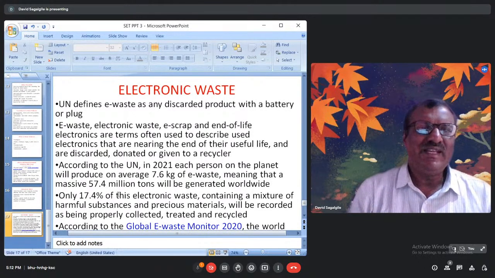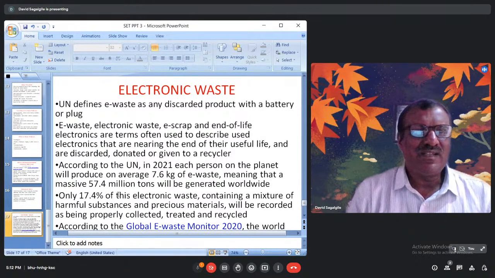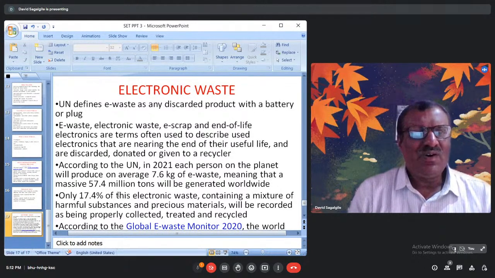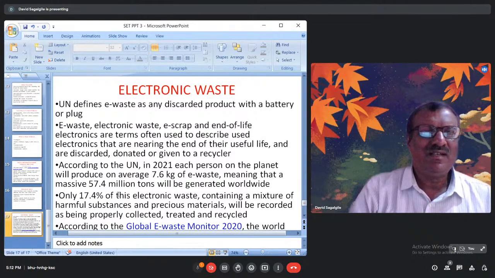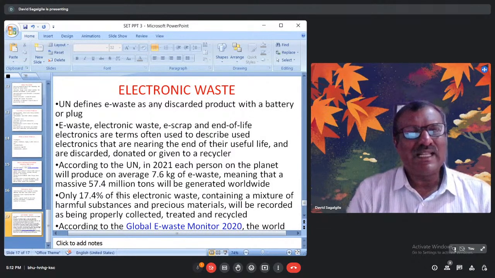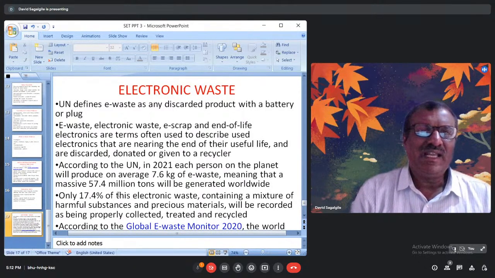E-waste, electronic waste, e-scrap, and end-of-life electronics are terms often used to describe used electronics that are nearing the end of their useful life and are discarded, donated, or given to a recycler. These are the different terms used for electronic waste.